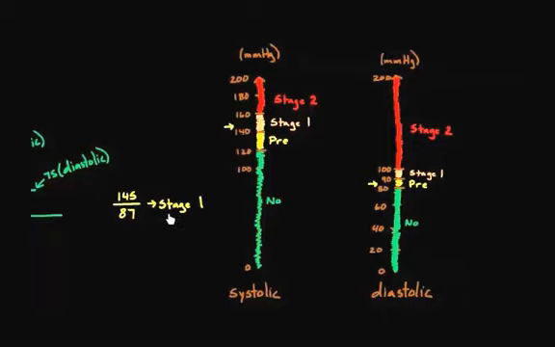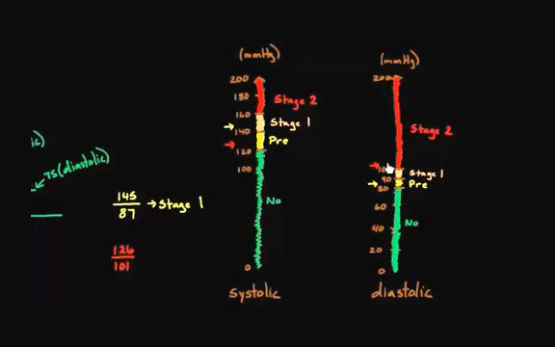Now we can do one more example just to make sure you get it. Let's do a different color. I'll do the next one in red. So you have, let's say, 126 over, let's say, 101. Well, this person, 126, is actually right here. And 101 is right above the 100 mark, right there.